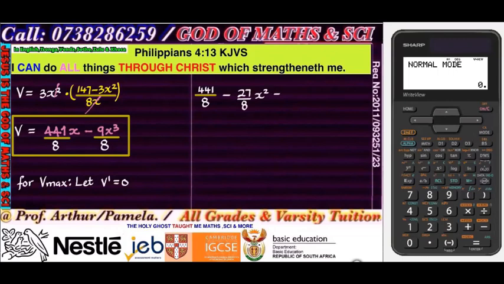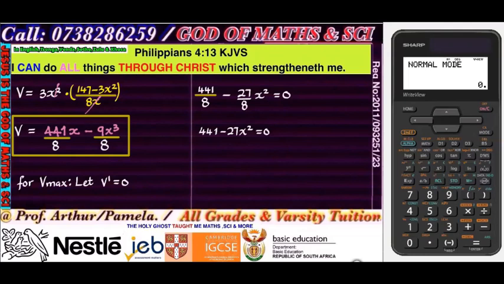You equate that to 0. Multiply everything by 8, both sides, so you're left with 441 minus 27x squared equals 0.